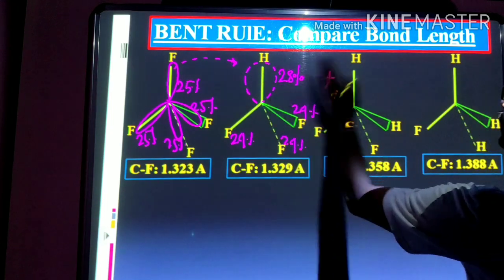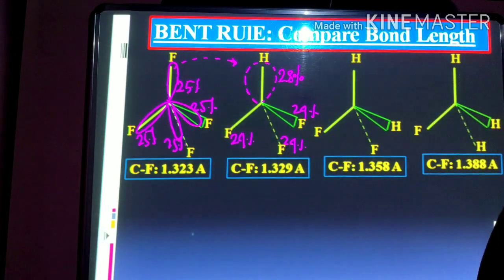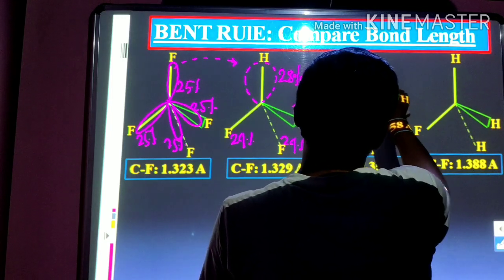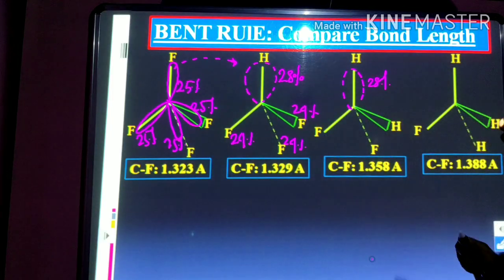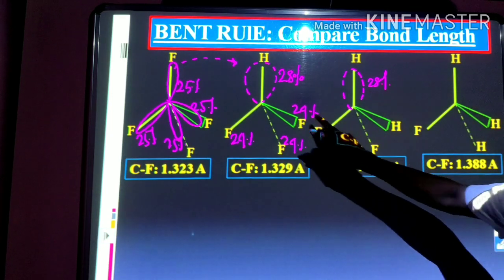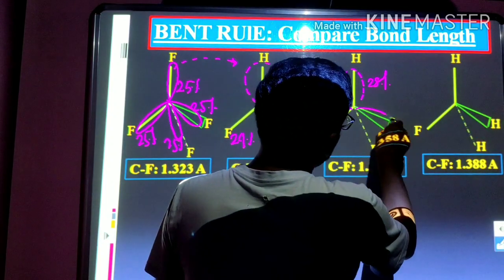Now next, move to here. This is 24, no problem. Now keep it 28, don't disturb it. Now if you replace this one by H, what will happen? From 24 to say 26.